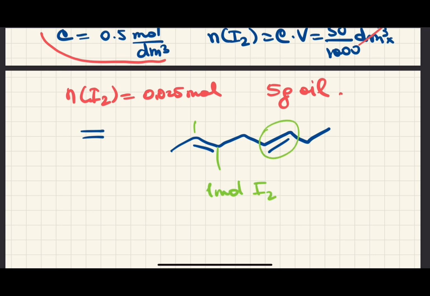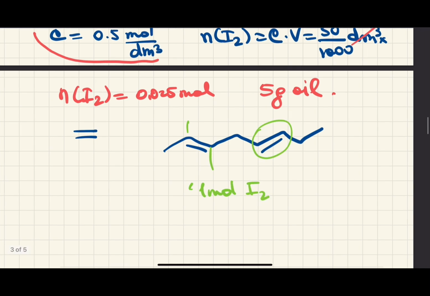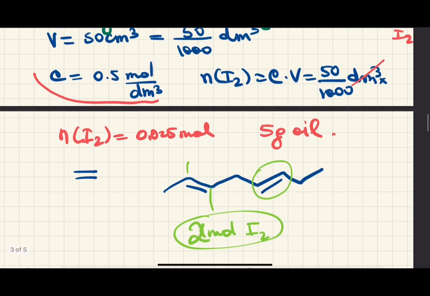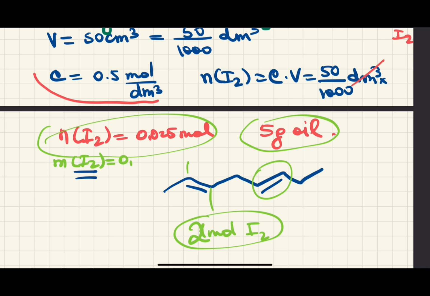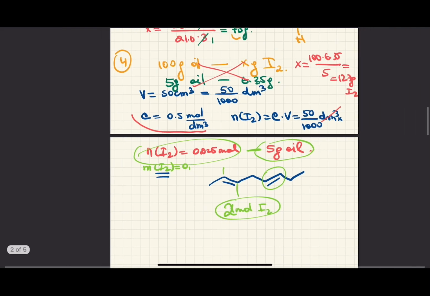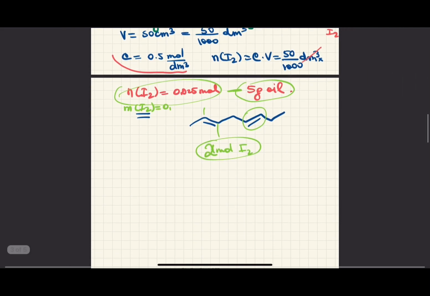This one will require 2 mole. So altogether it will be 2 mole of I2. Now that's how you will go from here, and you will find the mass of iodine by multiplying by 254 gram per mole, and you will get the iodine mass. And then you will do the proportion again, whatever mass you got per amount of oil, and you will get the iodine number.